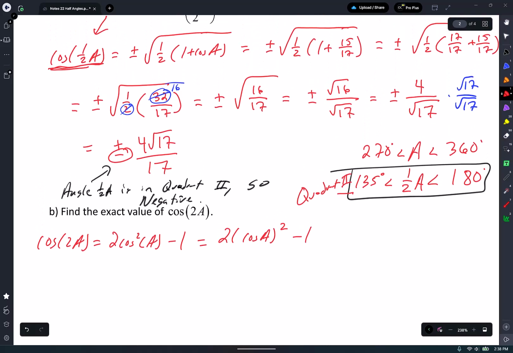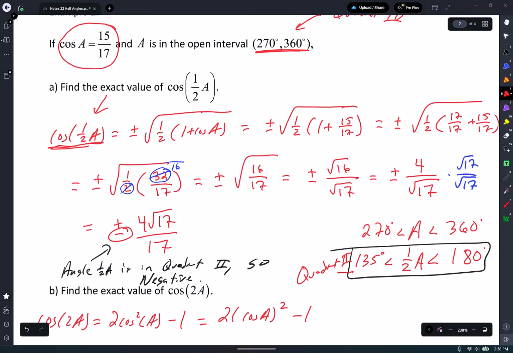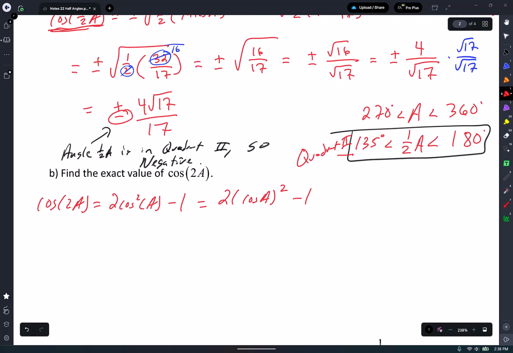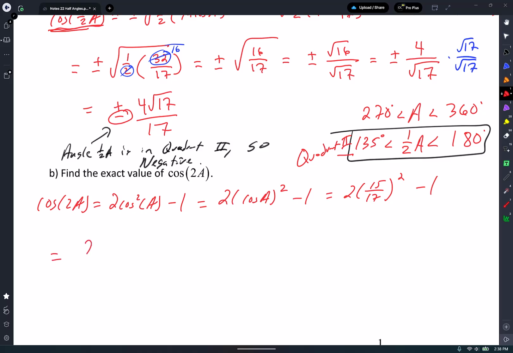They told me what cosine A is. Cosine is 15 over 17. So 2 times 15 over 17, squared, minus 1. Are we still okay? 2 times 15 times 15, 225. 17 times 17, 289, minus 1.